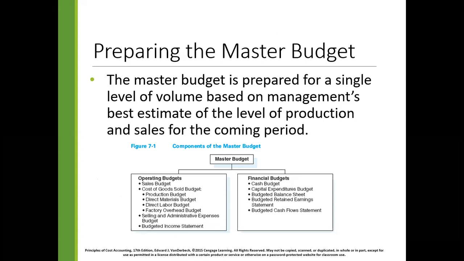All right, so preparing the master budget. Again, the master budget, this is what's known as a static budget or a fixed budget. It's prepared for just a single level of activity or one volume of activity. And we can see how this master budget is broken down into these individual budgets.